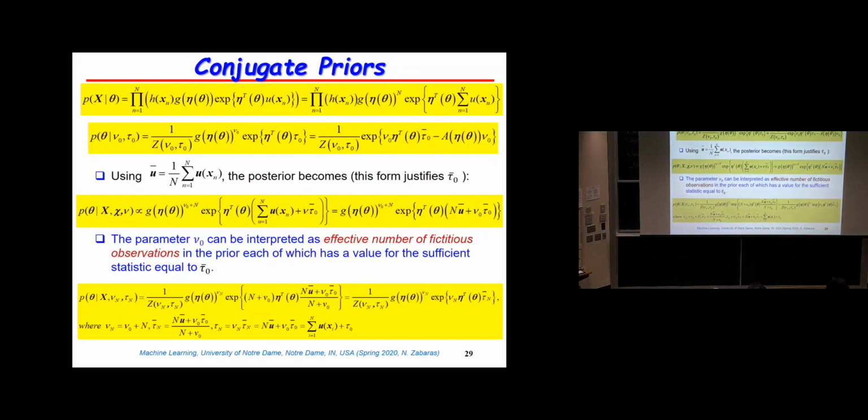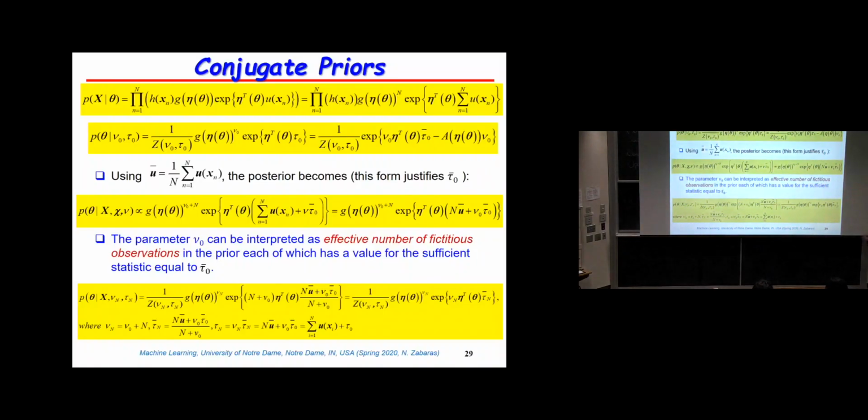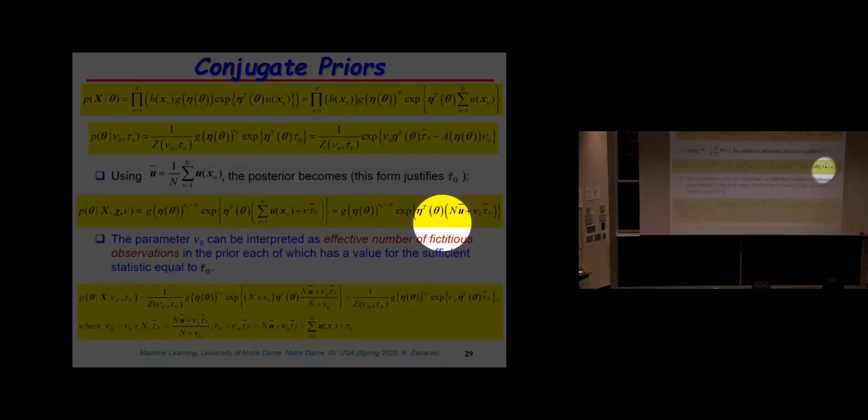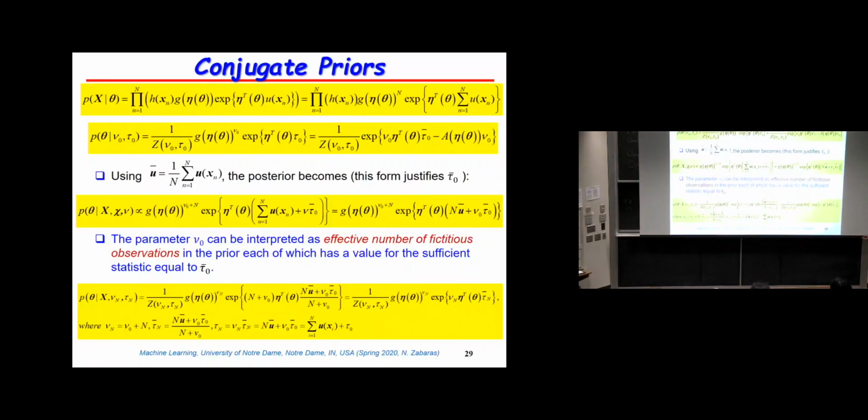All right, so immediately you can see that this distribution is in the exponential family. I see g of theta to some power, exponentially transposed to some sufficient statistics there. And obviously immediately you can see that the posterior is in the same family where the coefficients have changed now.